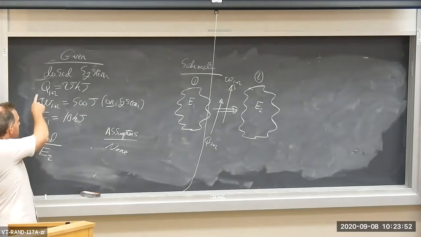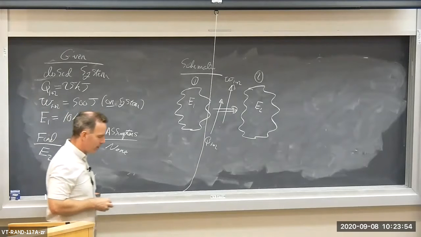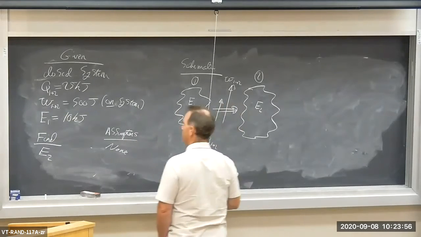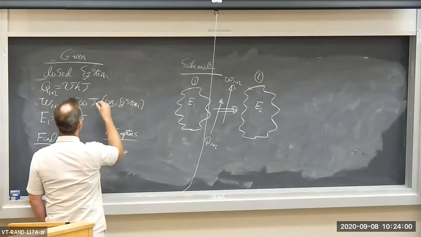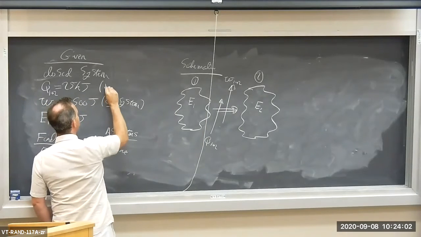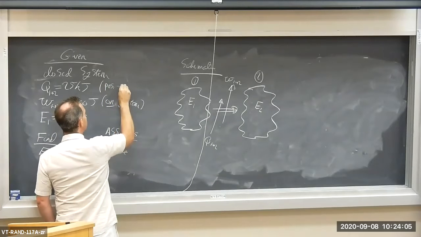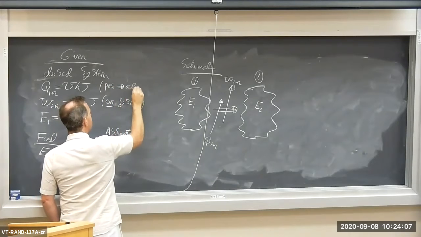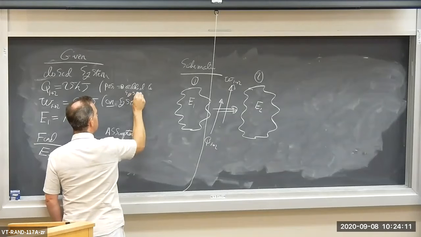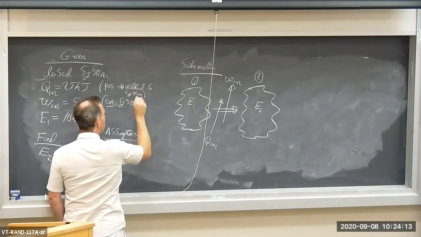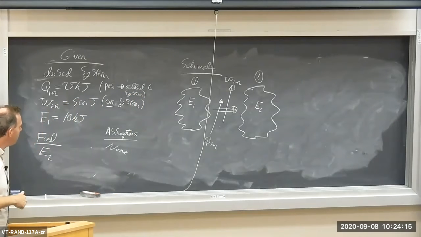Closed system, the heat added to the system is 25 kilojoules over the process. So this is 25. Notice that it's positive. Positive, so heat is added to system. When Q is positive, that means we're adding heat.